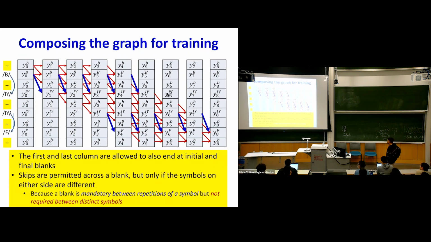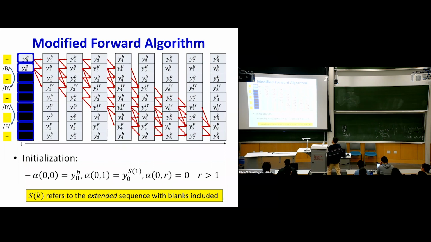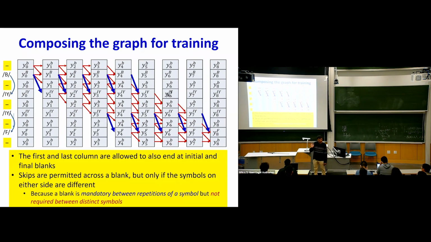Now, skips are permitted across a blank, but only if the symbols on either side are different, right? If they are the same, then skipping the blank is going to basically merge the two, which is why you don't have skips from the first E row to the second E row, but you have skips in all the other rows, right? And so now once you form this graph, everything else remains the same, right?